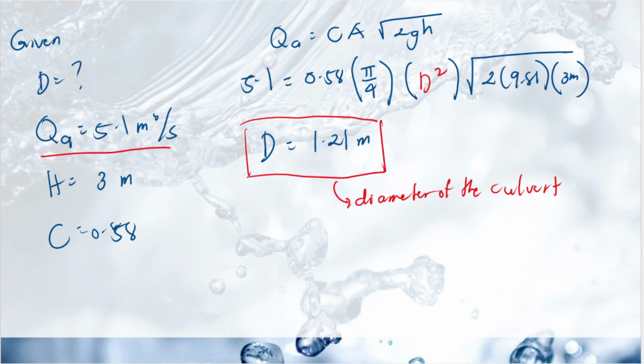We know that the coefficient of contraction could be given, and with this application to culvert or orifice, C is equal to C sub C multiplied by C sub V. Then you can compute the other actual values, especially the actual velocity. Okay, so that is for our problem number 9. And for the last problem for this topic, we have this one.